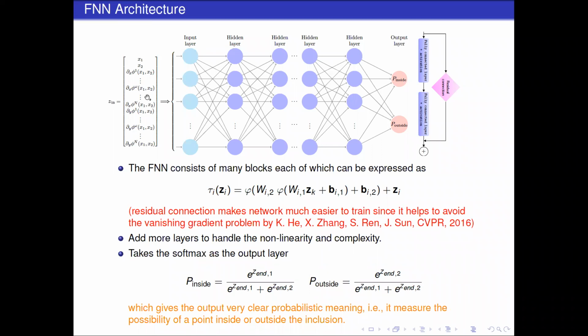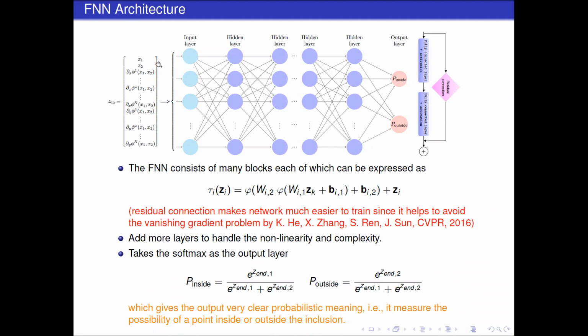And then we just input this vector into this neural network, and make it produce two values representing the probability of the point being inside or outside of the inclusion.